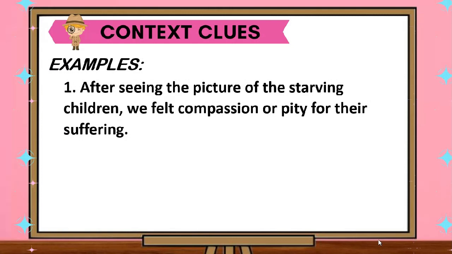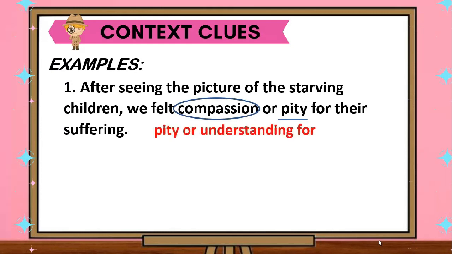After seeing the picture of the starving children, we felt compassion or pity for their suffering. What word in this sentence is unfamiliar to you? Compassion. In this sentence, the word pity tells us that compassion means to have pity or understanding for. Number 2.